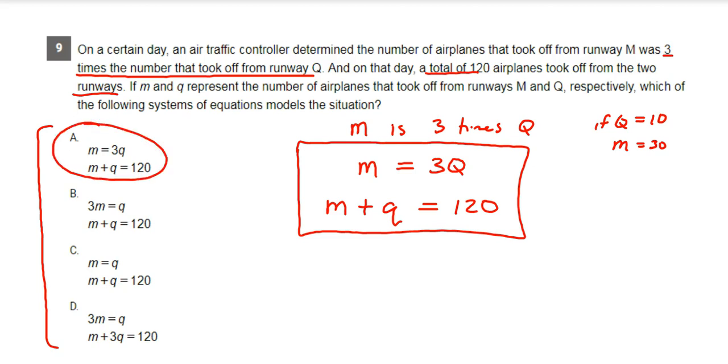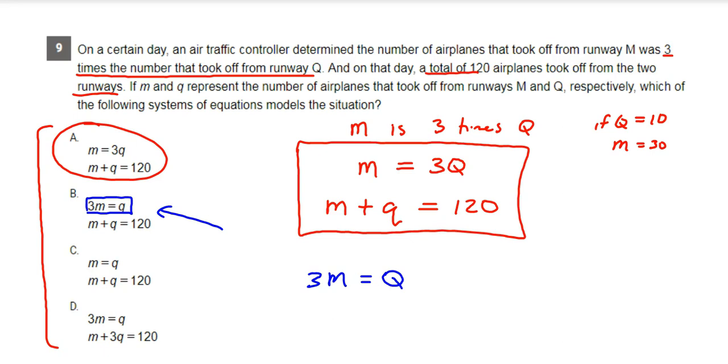Now, when I look at the data for the state, it looks like the most common wrong answer was B. I think it's because of the setup in the beginning, where it says M was 3 times bigger than Q. A lot of people confuse that and think that this is the way you write it. But put some numbers in and see what works.